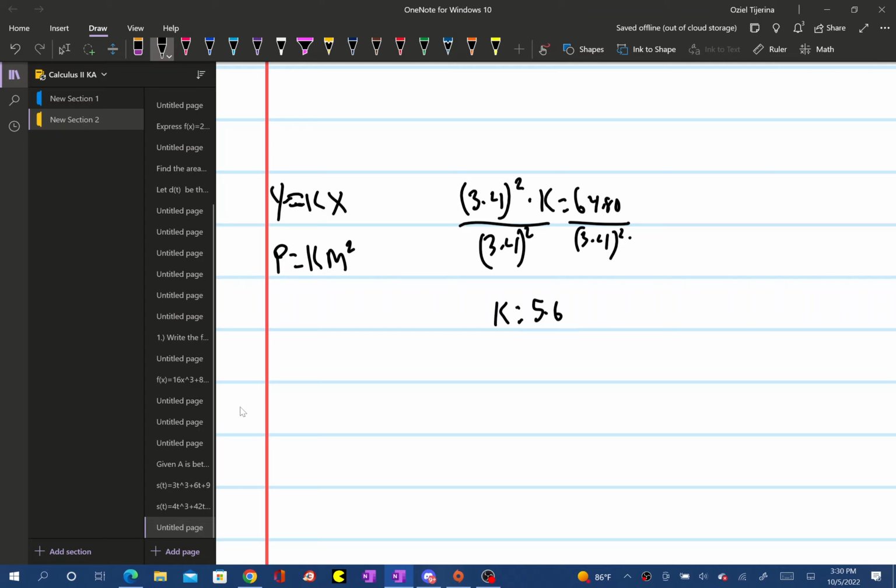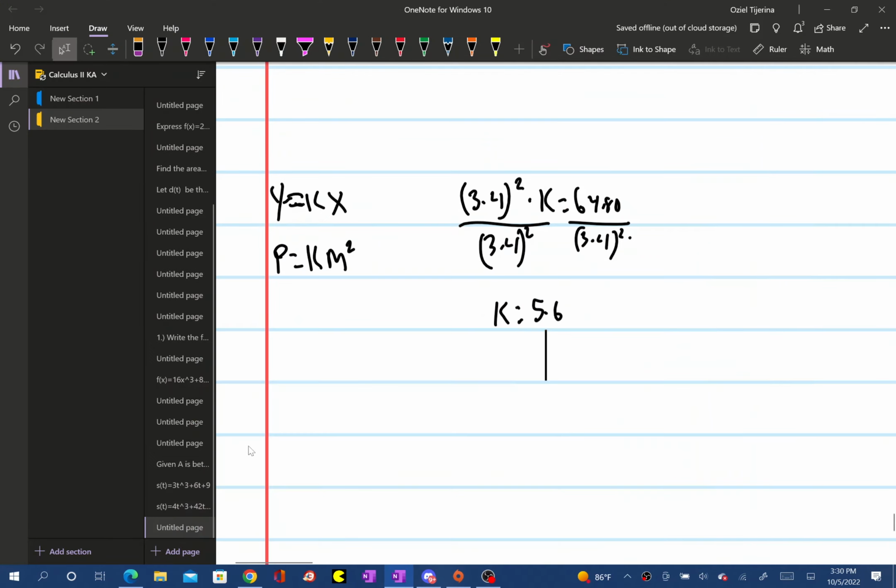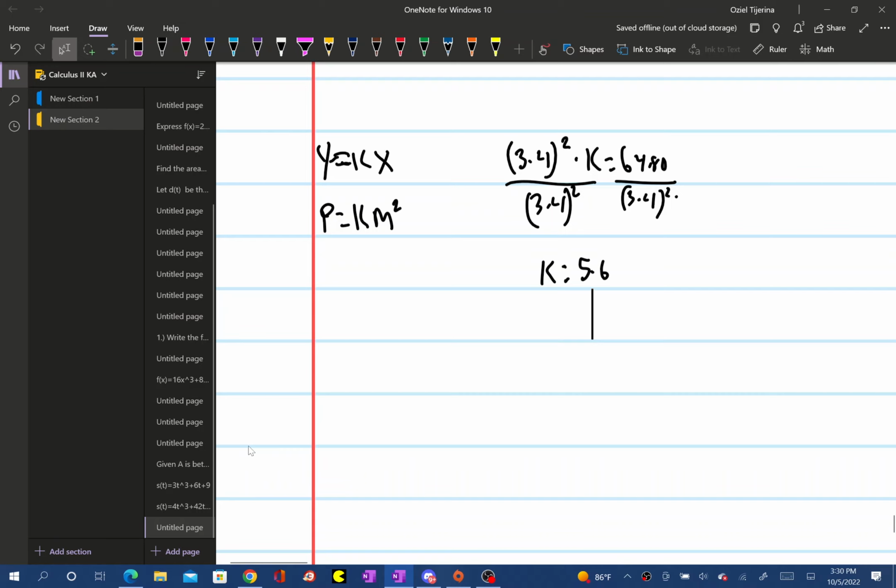And then that's 5.6, and then it's asking us what is the value of 7.5 grams. So P has to be 5.6 times 7.5 squared.